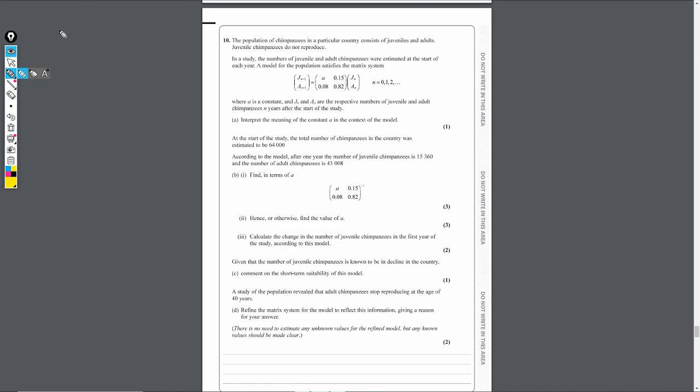So what does this constant A mean in the context? Well, this A just represents the proportion of juvenile chimps that survive and remain juvenile chimps.